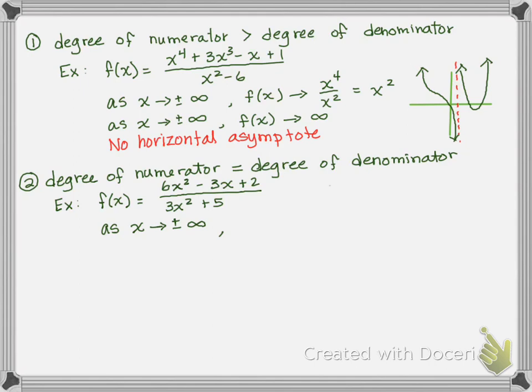They just become so small in comparison to the leading term that we can just kind of pretend they're not there. Just like we're rounding. So our function is going to approach 6x squared over 3x squared, which is equal to what?